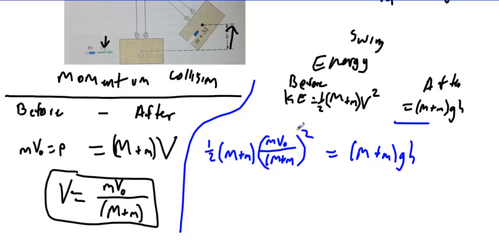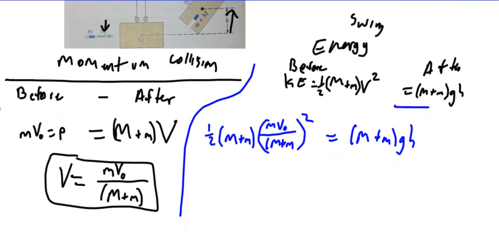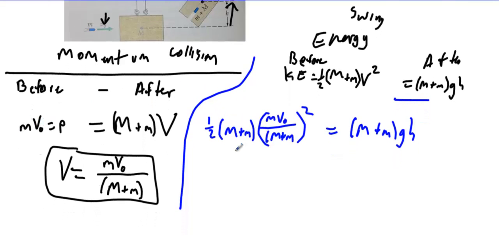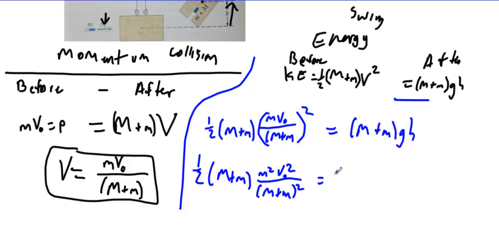All I want to do now is solve this for the initial velocity, because I want to know how fast that bullet was initially going. So let's deal with this square. The square acts on everything in there, so 1/2 big M plus little m times m squared v0 squared over big M plus little m squared equals big M plus little m times gh.